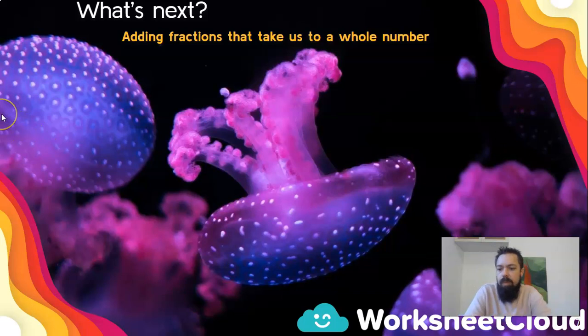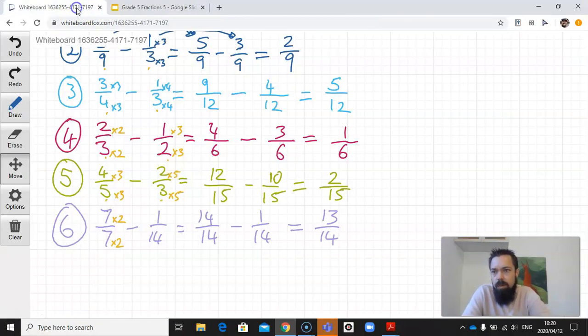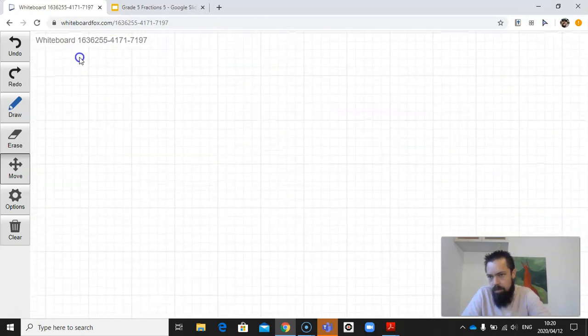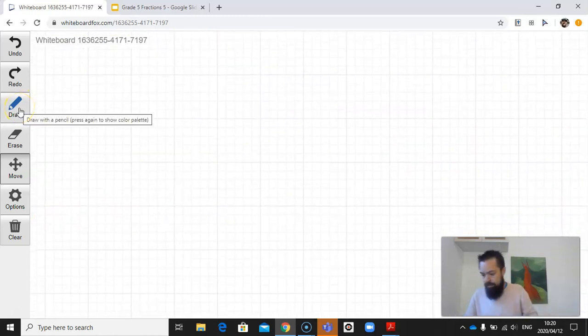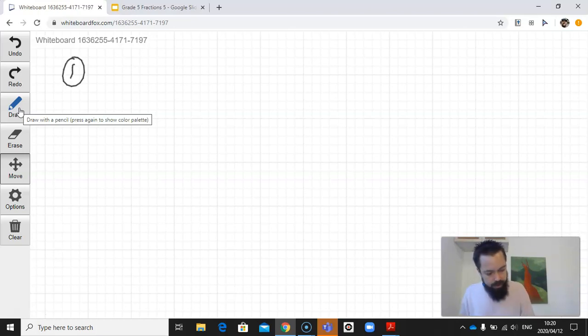Let's just do that with some practical examples. So let's have a look at this one here. 2 over 3 plus 2 over 6. This shouldn't really take you all that long. I'm going to shoot through this one quickly before you try one on your own.